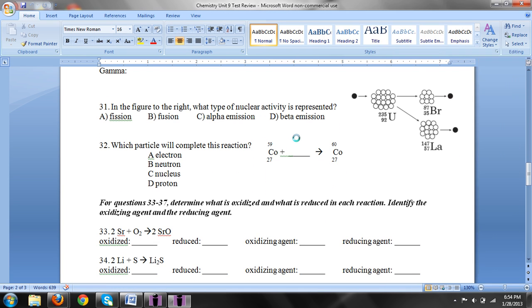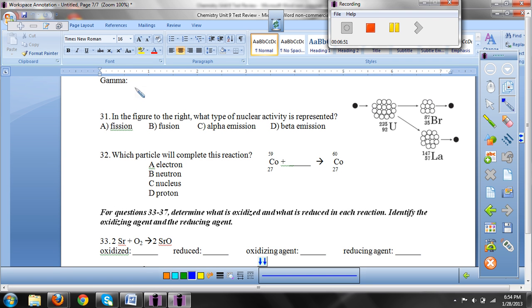All right, gamma. Gamma is electromagnetic radiation. E-C-T-R-O, electromagnetic radiation.